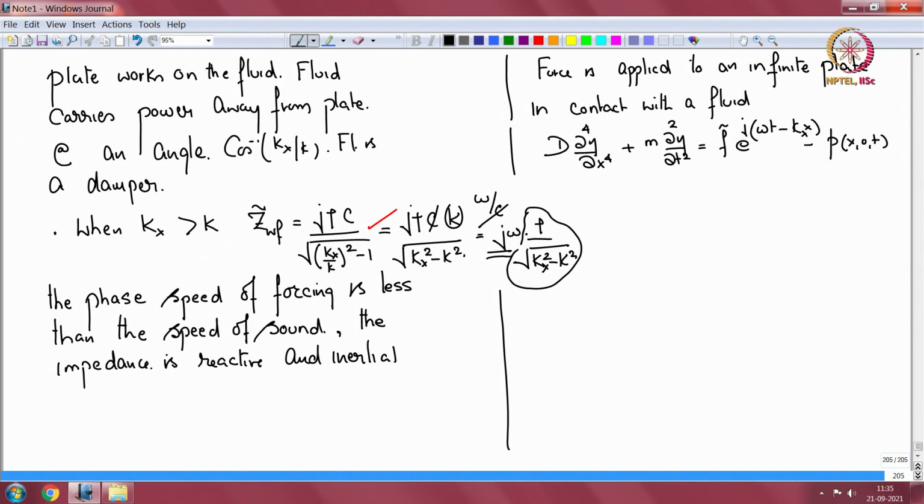Okay. So now we will get structural impedance from here, and we will get fluid impedance from here. There is a common velocity at the interface.